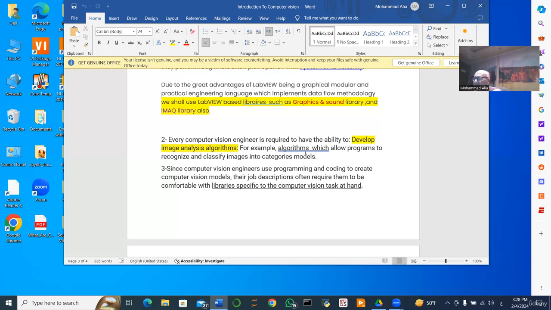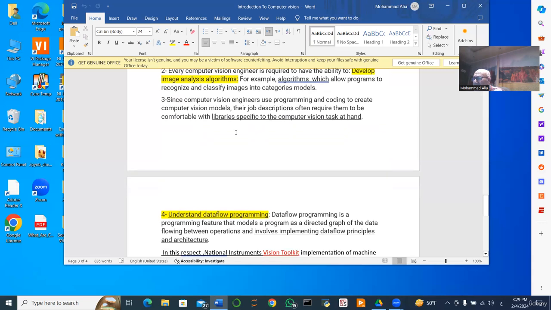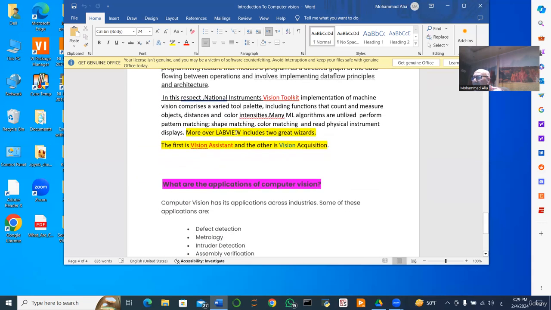And both of them, the vision assistant and the vision acquisition express VI, are integrated and could be used together in a complete program. So as you see, there is a huge work really done by LabVIEW, and there is sufficient literature and a number of examples attached so that one can carry out any required vision activity.